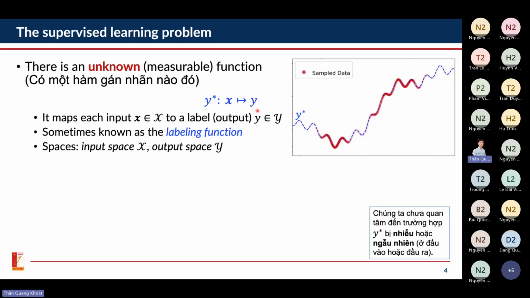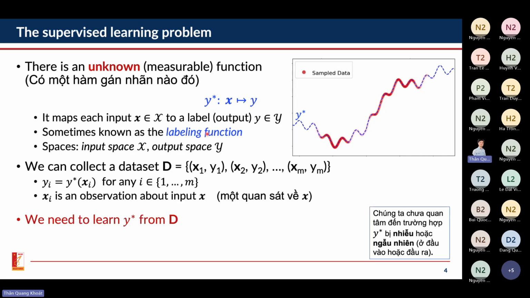We do not know it. But in practice, we can collect some examples of x and y. For example, this is one pair, this is another pair, or another pair like this, right? And our task is to find the unknown function based on this data set. That is a general learning problem.